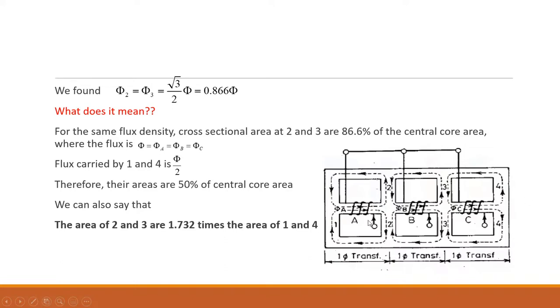Now we are comparing with this area. Whatever is the core area of section 2, when you compare it, you will find the core area of section 2 is 1.732 times the area of 1.